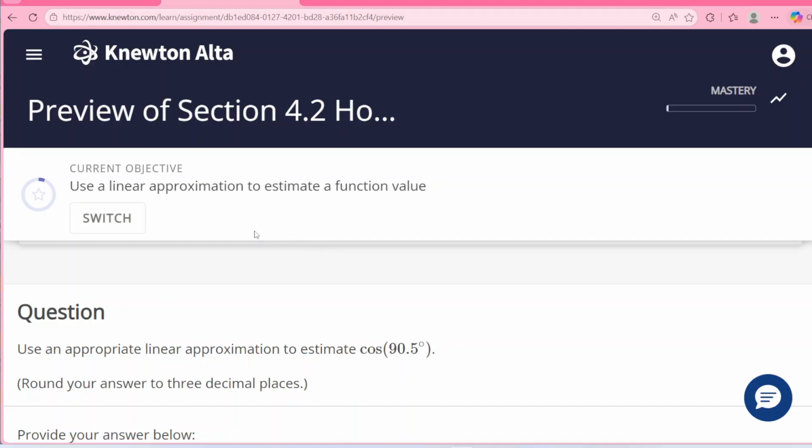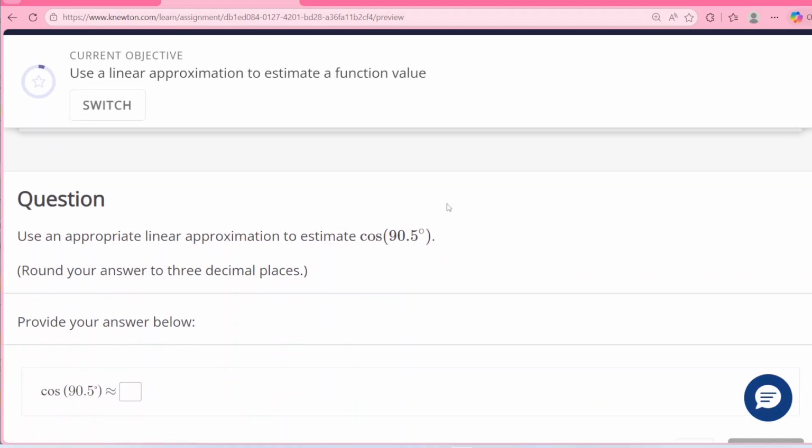All right, so back to using a tangent line, right? Using this L of x, this linear approximation, to estimate a function value. So for us to use an appropriate linear approximation, estimate the cosine of 90.5 degrees. And then round your answer to 3 decimal places.